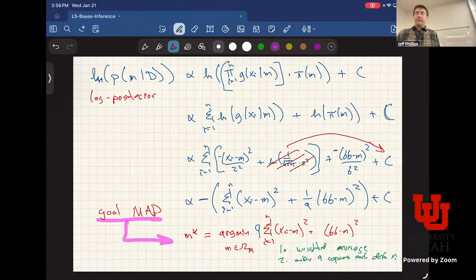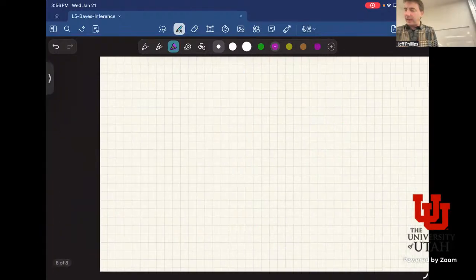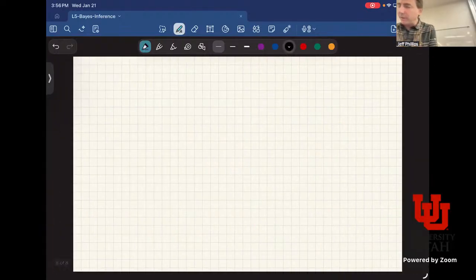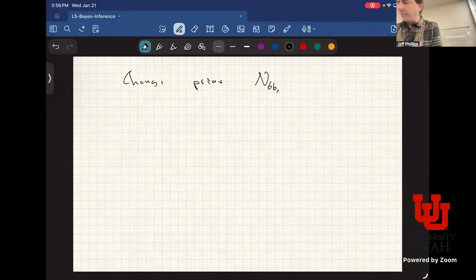Okay. Let me very, very quickly say, what if we change the prior to be 66, but where sigma equals 0.01? What if we made the prior distribution say, I really trust the national average of the height of people?